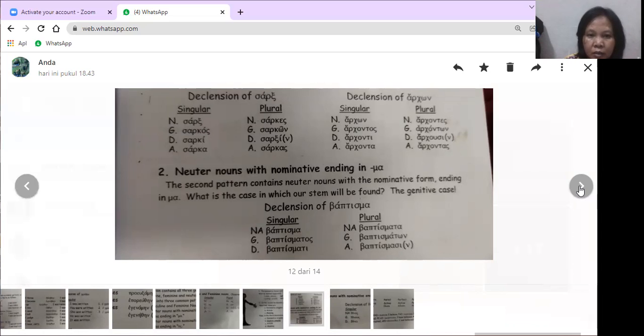This is how we can know that there are declensions, and what they are parsing.